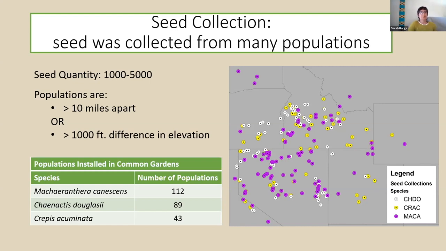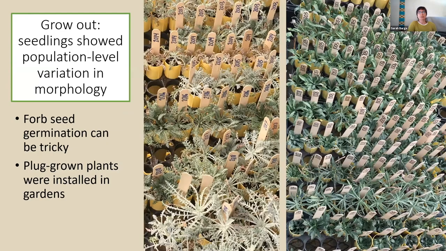So once these seeds were collected, they were sent to the Forest Service Moscow greenhouse for grow out. And we did this because seed germination can be tricky. And so we wanted to ensure that we would be able to measure plant performance in the field. So they were planted into plugs in the greenhouse. And I want to point out here that even at this early life history stage in the greenhouse, we were able to see population level variation in morphology in the leaves of the rosette.